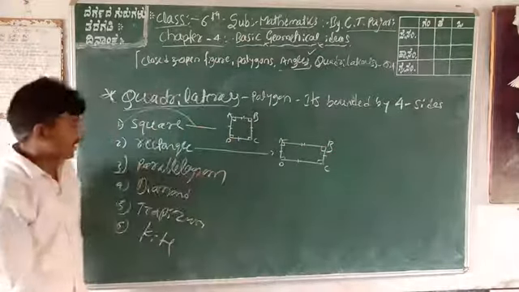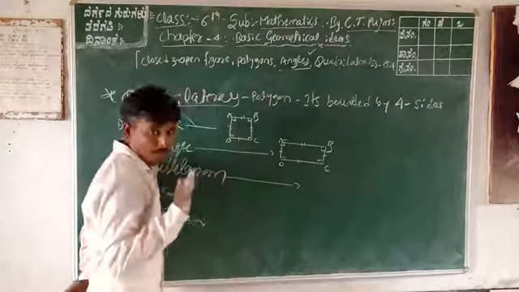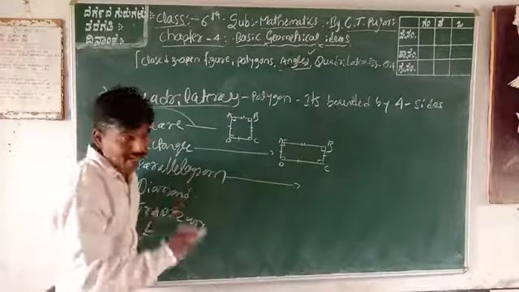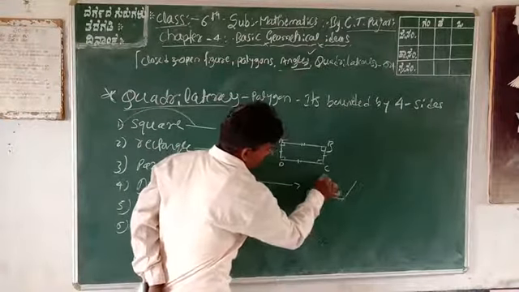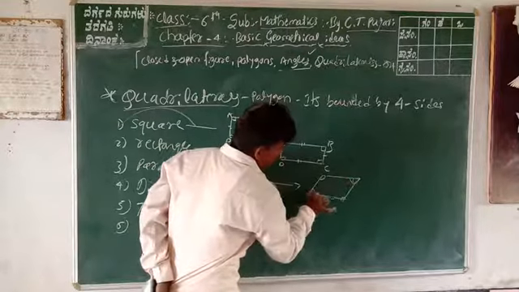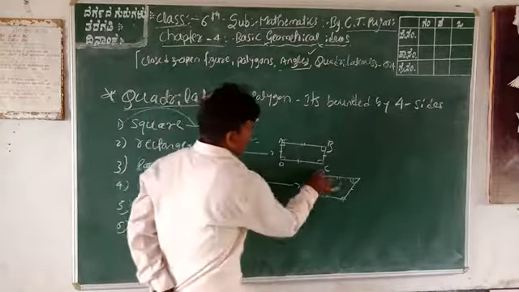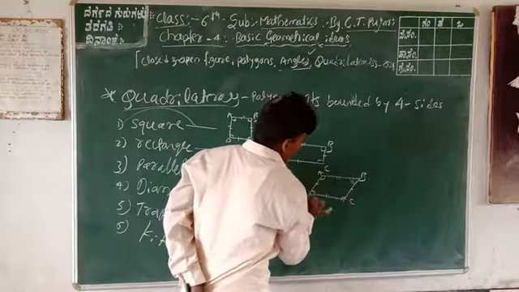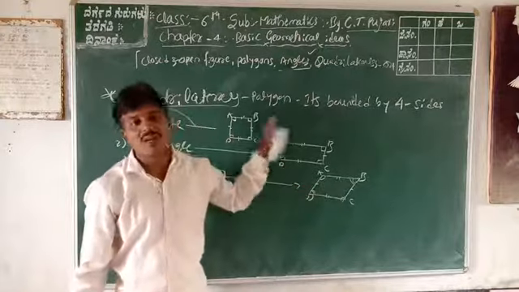What is a parallelogram? Parallelogram means opposite sides are equal and opposite angles are equal. ABCD is a parallelogram, and also a quadrilateral and a polygon.